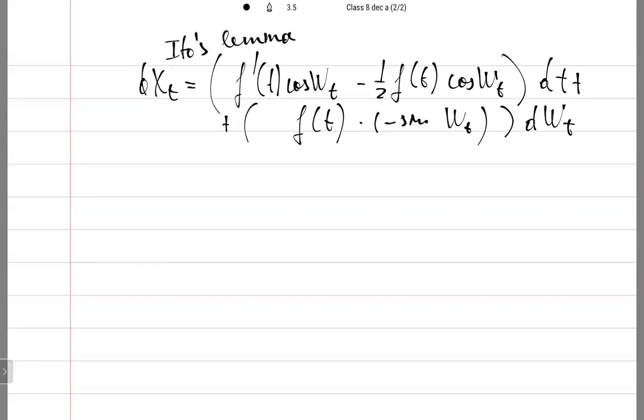And I do the same thing with the second equation, dy_t.